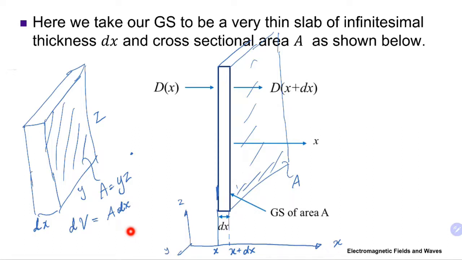Remember previously I talked about the rectangular coordinate system, where dV equals dx dy dz. It's just that now my y and z give a finite area, so it will be A dx.